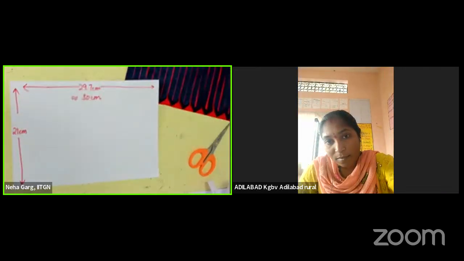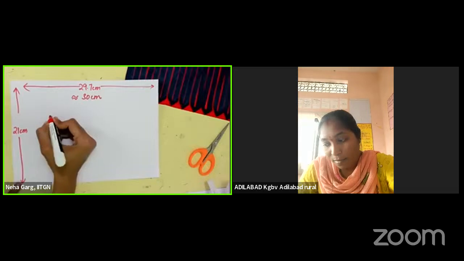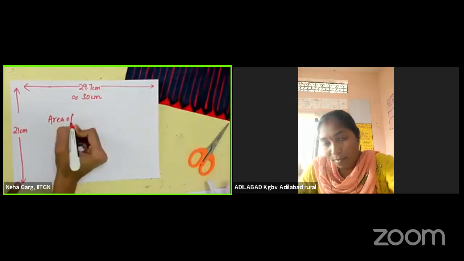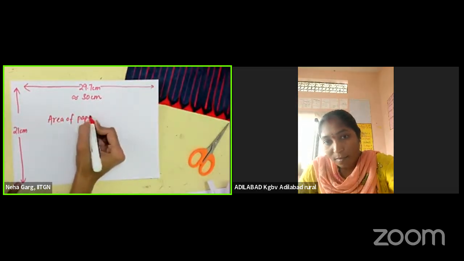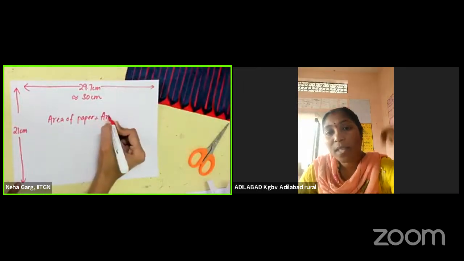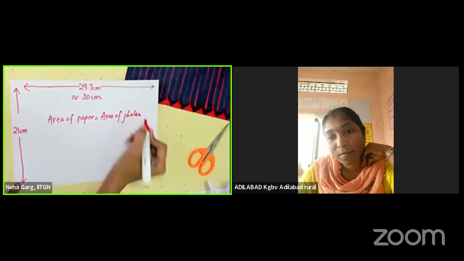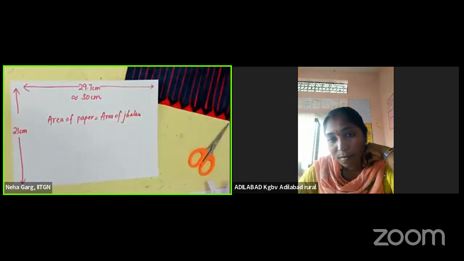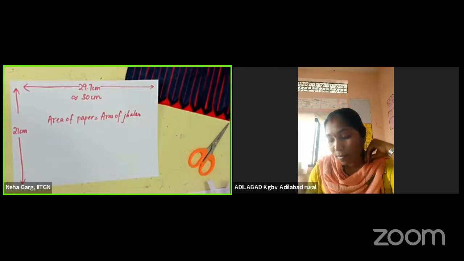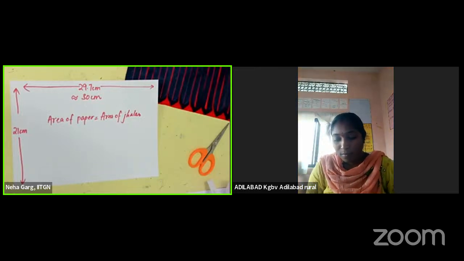Now we know area of paper is equal to area of jhalar. Now can you find the width of the strip that you need to make so that the length of the jhalar is 3 meter?